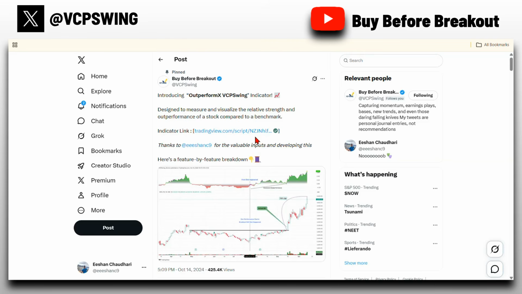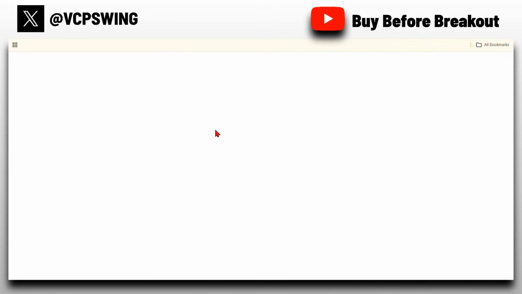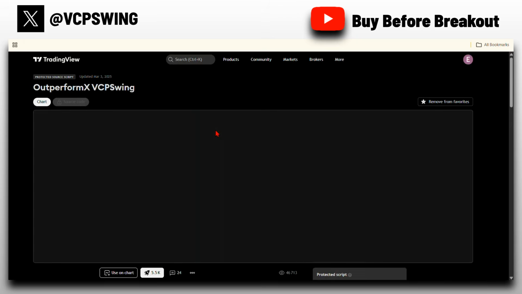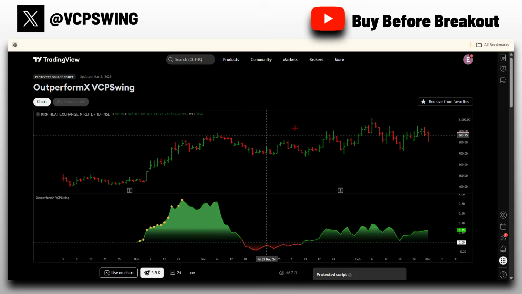Okay, so now let's see how to add this indicator. In this post, you will find the link to this indicator. Simply click on it. This will open the indicator page on TradingView. From here, you can add the indicator to your favorites so that it becomes easily accessible whenever you want to use it.